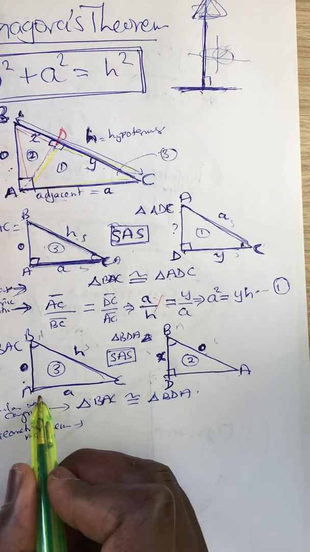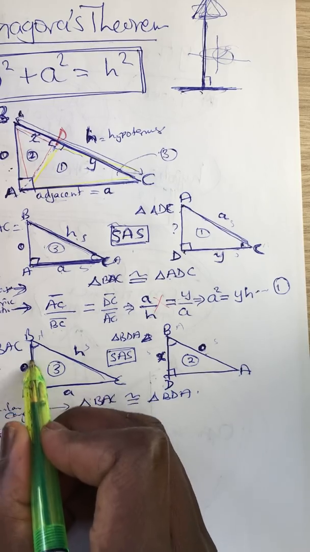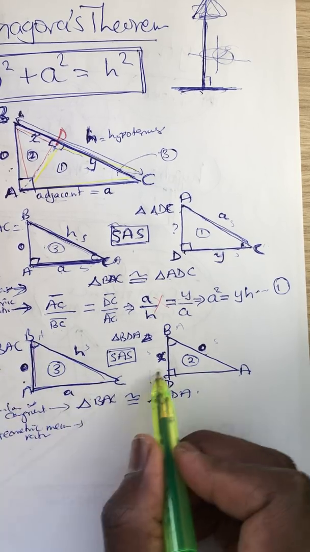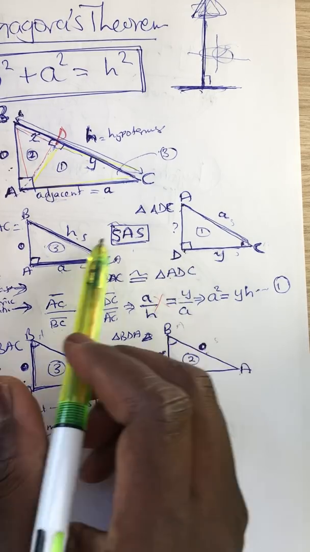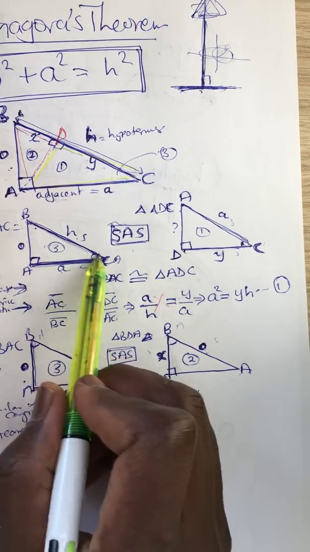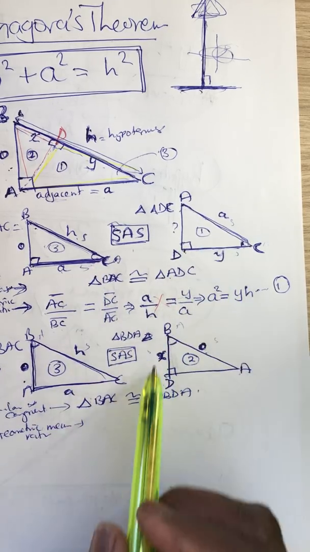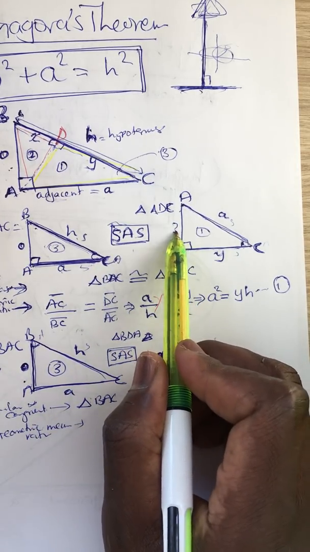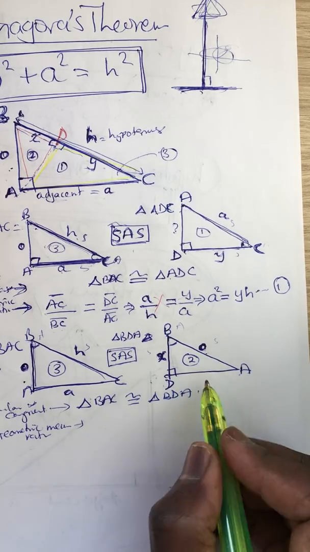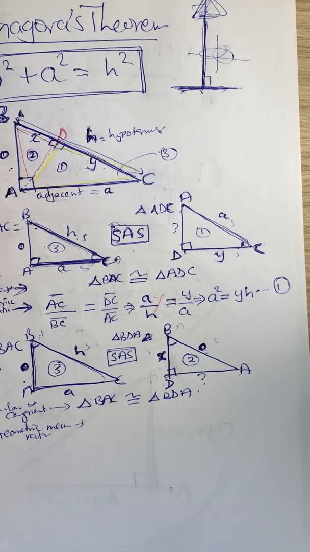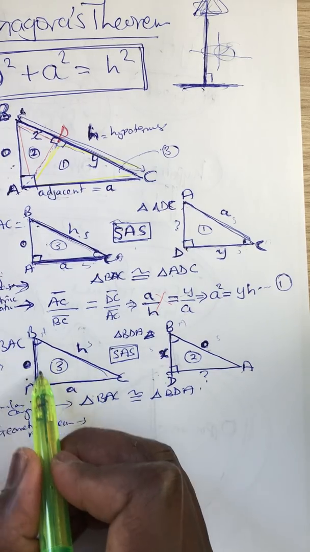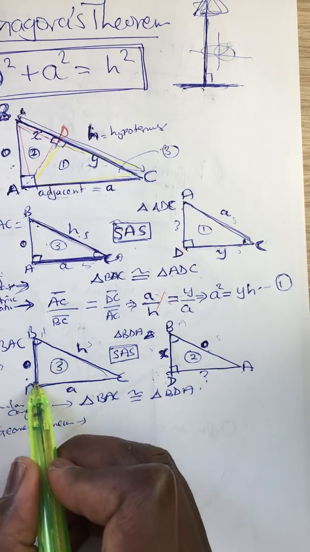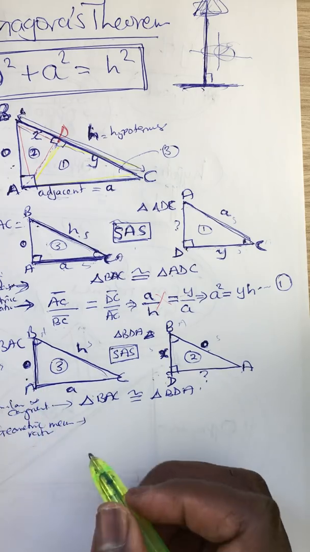We are going to use the hypotenuse and the opposite for each triangle. And notice that for the first one we used hypotenuse and adjacent, because we had no opposite side there, and here we have no adjacent. So we can now use our geometric mean here. Let's see the longest side and the smallest side. Obviously you put the smallest one on top.